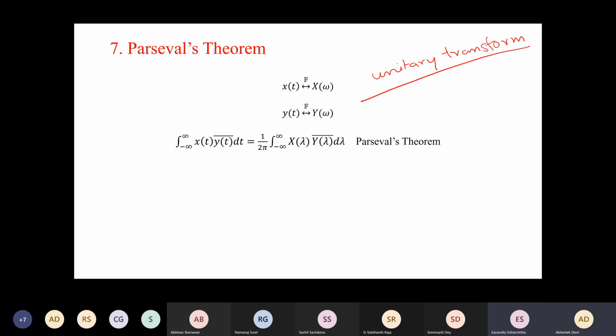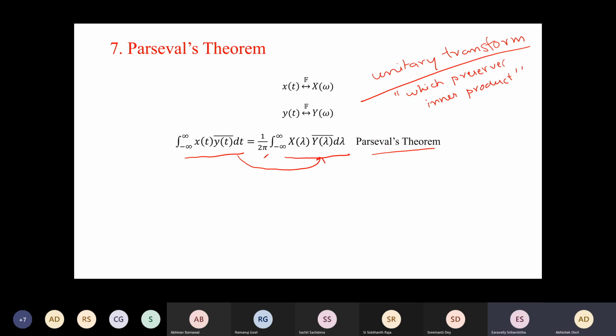Have you seen unitary transforms in matrix algebra? A unitary transform is a transform which preserves inner products. So the inner product of the time domain signal is the same as the inner product of the frequency domain signal, of course with some constants. Constants are irrelevant. This is known as Parseval's theorem.